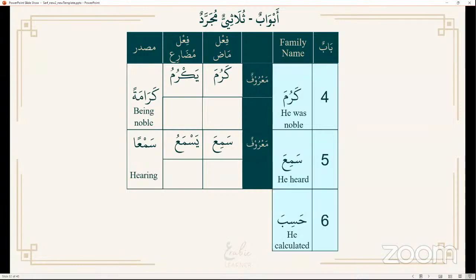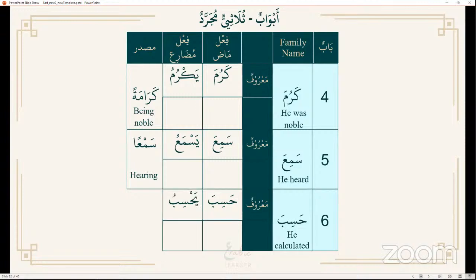Number 6: Hasiba, yahsibu, hisaban. Okay, so karuma, yakrumu, karamatan, sami'a, yasma'u, sam'an, hasiba, yahsibu, hisaban.